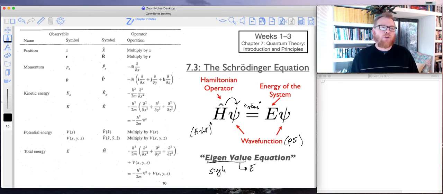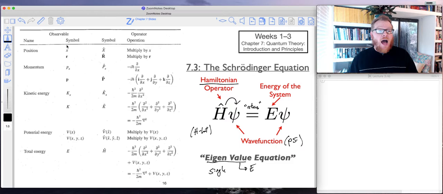So what is a Hamiltonian operator? Here are examples of a whole host of different types of operators. The word Hamiltonian is specific to operators used in quantum mechanics. You're already familiar with operators. For example, the position operator we could call x.